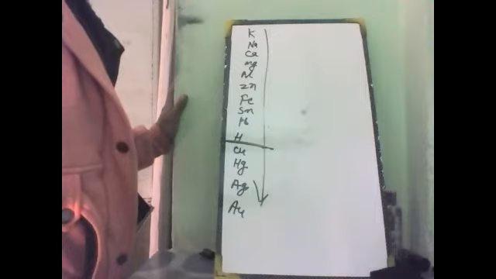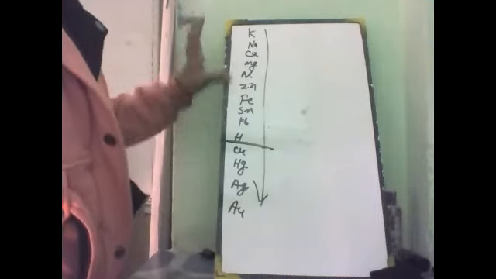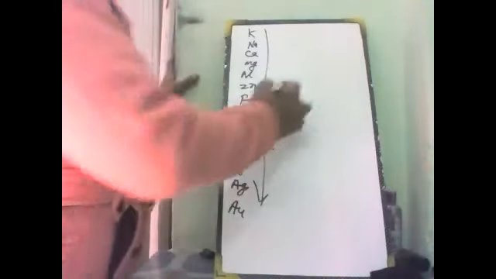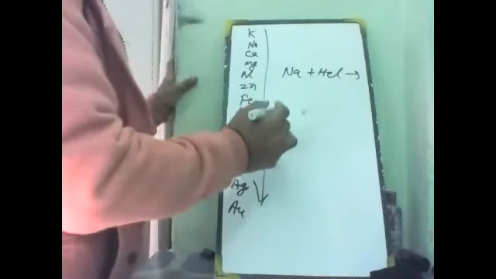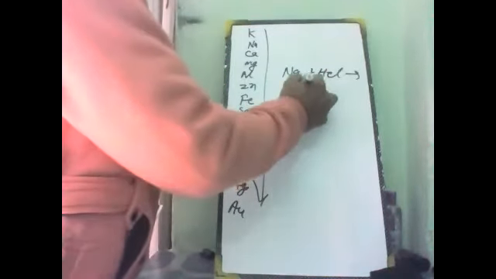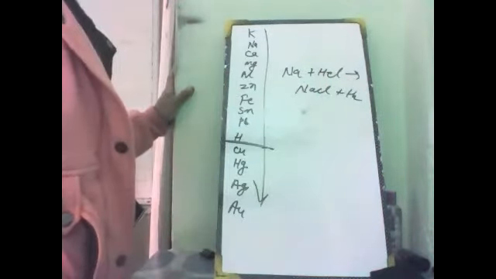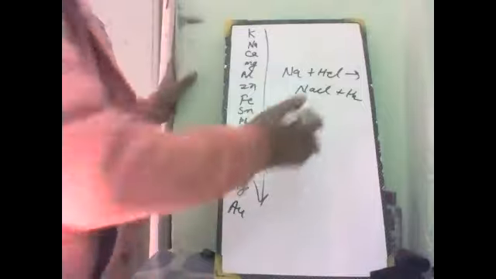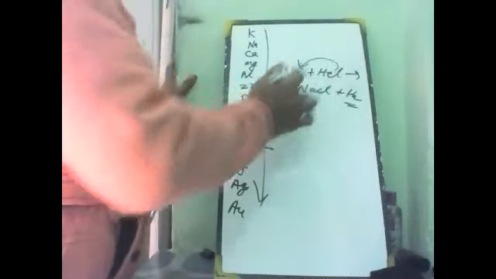So these are below the hydrogen. They do not remove hydrogen from the acid. There is no displacement.